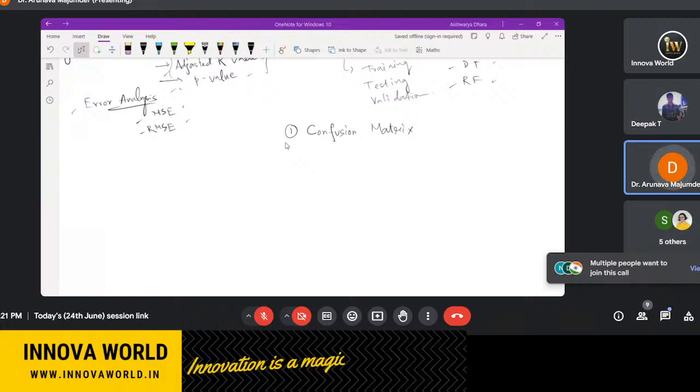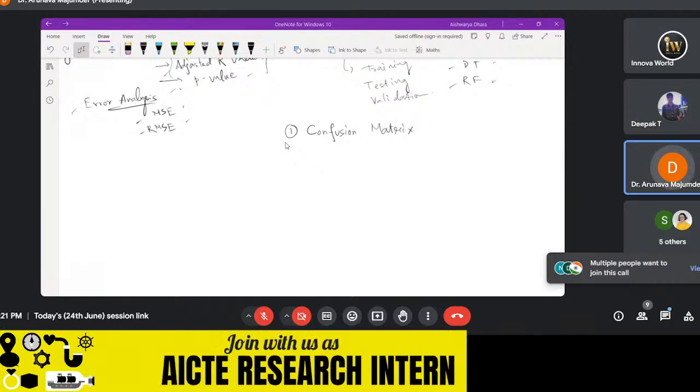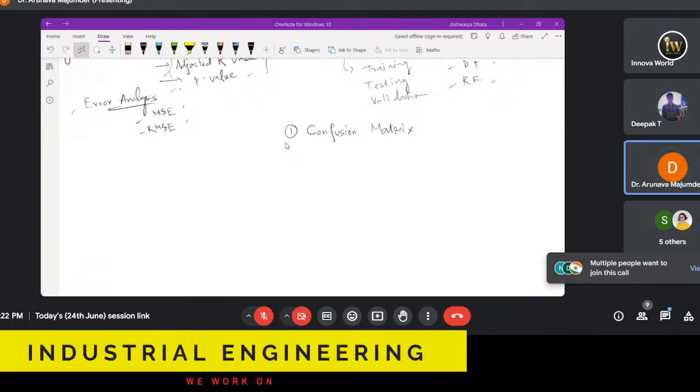Let us suppose, I'm using a very small example from the internet, just to make you understand what a confusion matrix is. Let me use this dataset. Yes, this one.